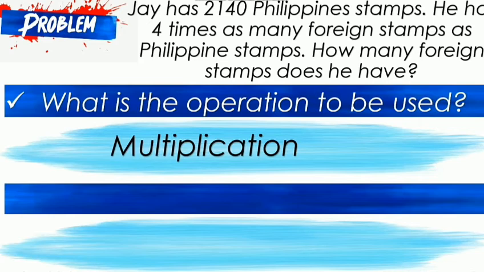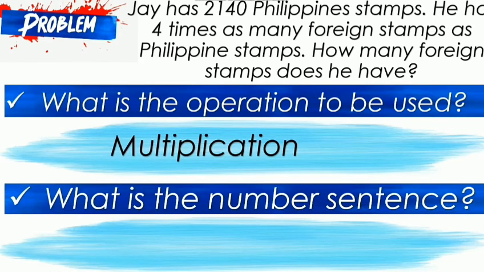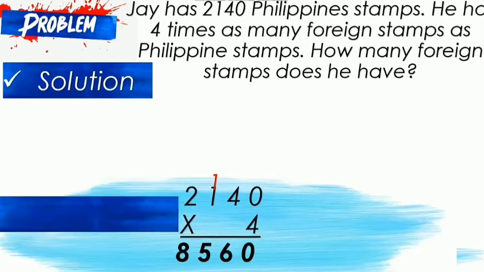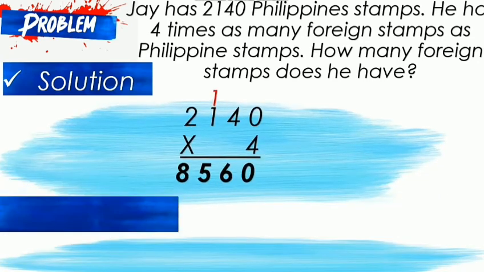Now the next thing is our number sentence. Our number sentence will be n equals 2,140 times 4, because we are multiplying the number of Philippine stamps by 4 times as many foreign stamps. From here, you use your long multiplication to multiply 2,140 times 4.